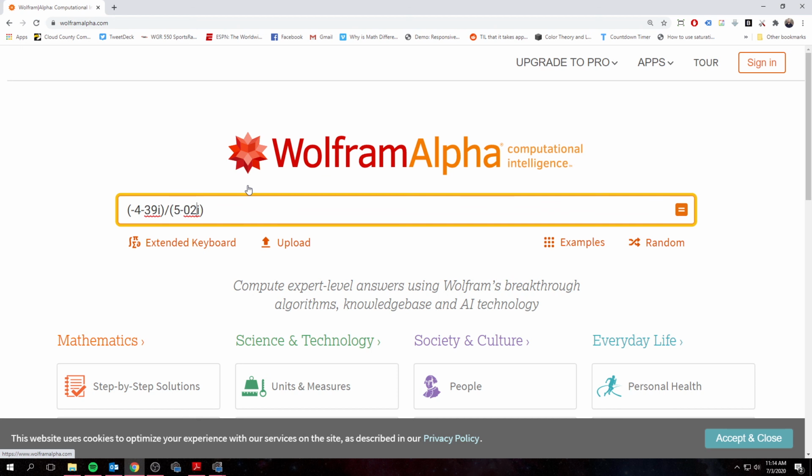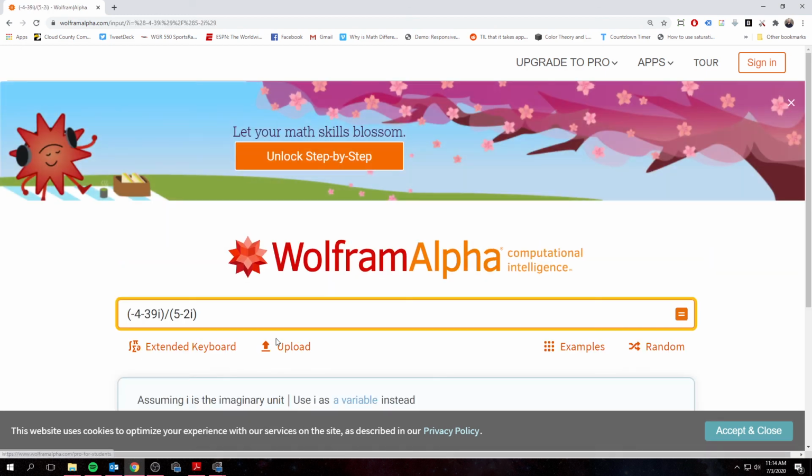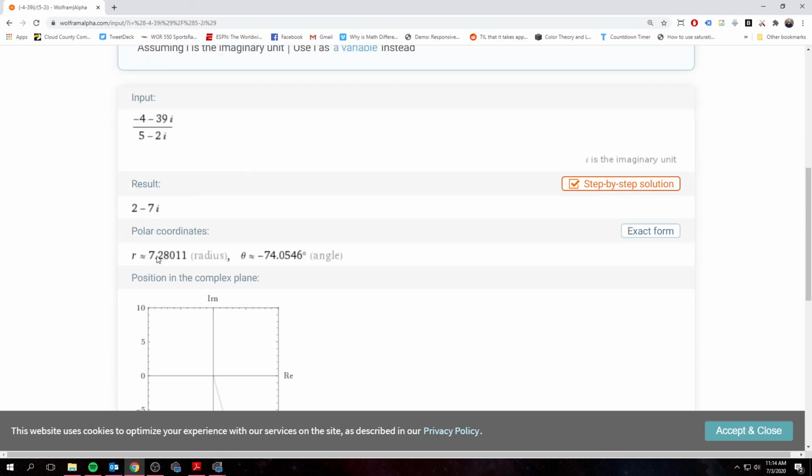So I got to do my brackets correctly. This is the numerator and the denominator. I'm separating them using brackets. And if I literally just punch that in, it should bring up the standard form of it. See, there it is, 2 minus 7i.